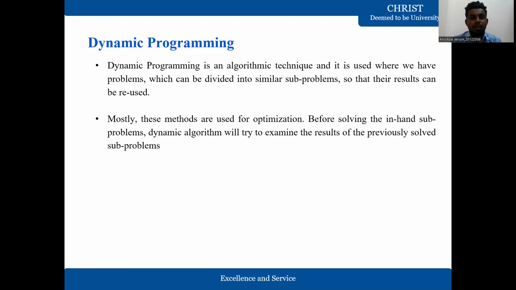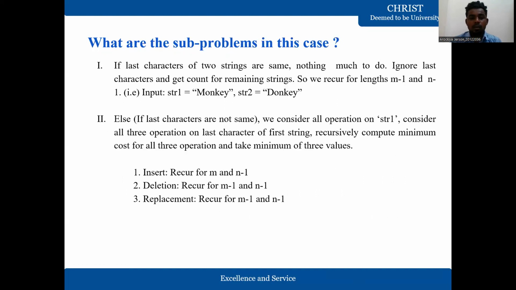Next, dynamic programming. What is dynamic programming? Dynamic programming is an algorithmic technique and it is used where we have problems which can be divided into similar subproblems. And these are the subproblems in this case. For example, here we have two strings. The one is monkey and another is donkey.